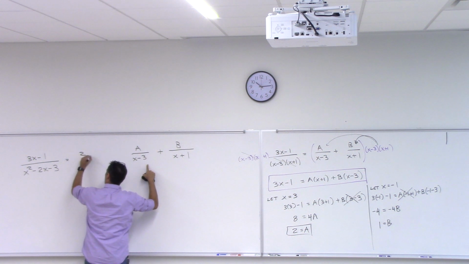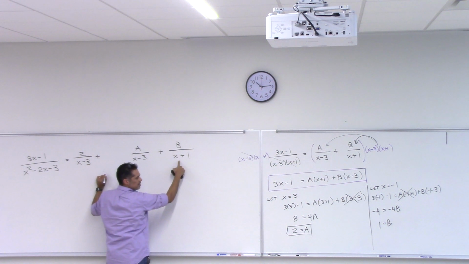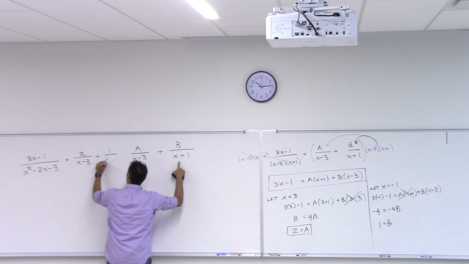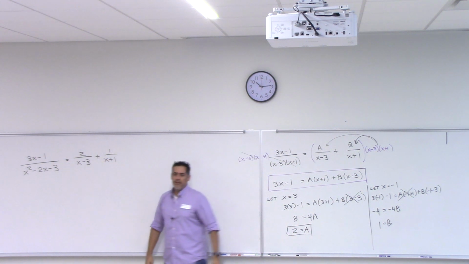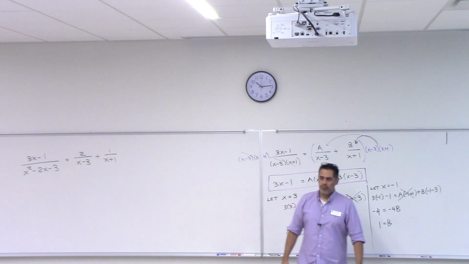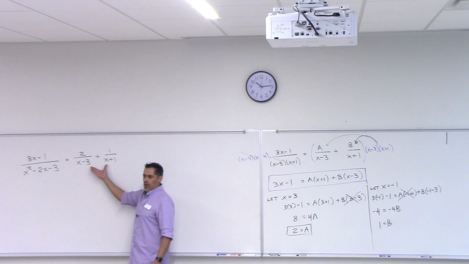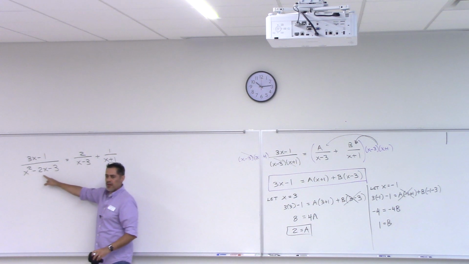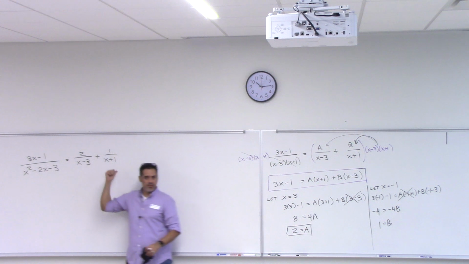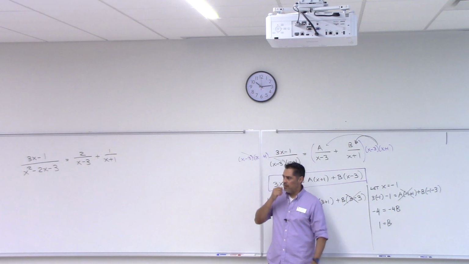Is 2 over x minus 3 plus, and then B over x, so 1 over x plus 1? Okay? And that is what I gave you when we started the problem, right? When I started this, I said, hey, recall from college algebra that if we start here, we can turn into this, right? And we were trying to go backwards, which we just did, using partial fraction decomposition.